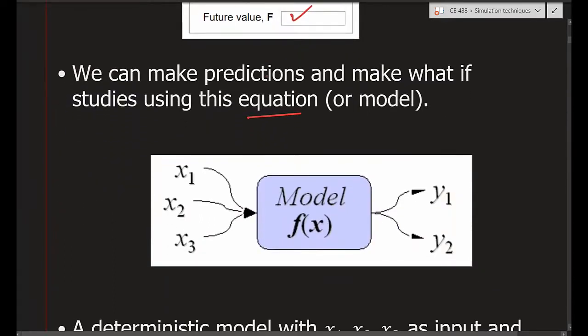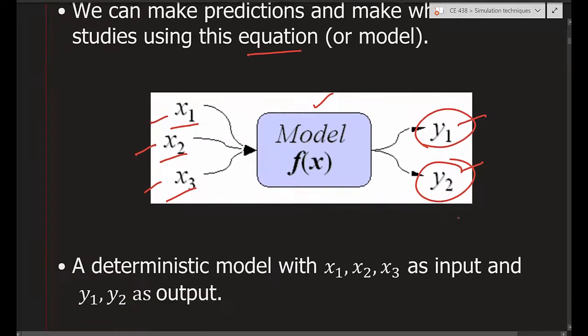To conclude, in this kind of model we have inputs, which can be multiple inputs, and then we can have multiple outputs also. Here x1, x2, x3 are deterministic, and the outputs y1, y2 are also deterministic. So this is an example of a deterministic model.